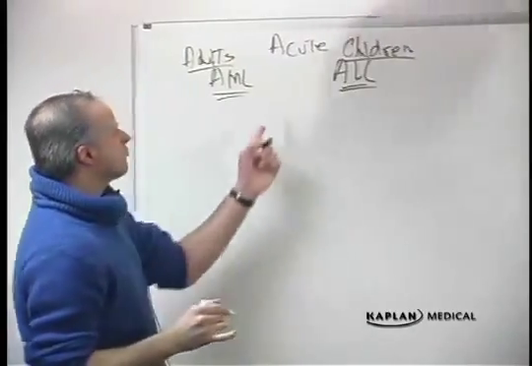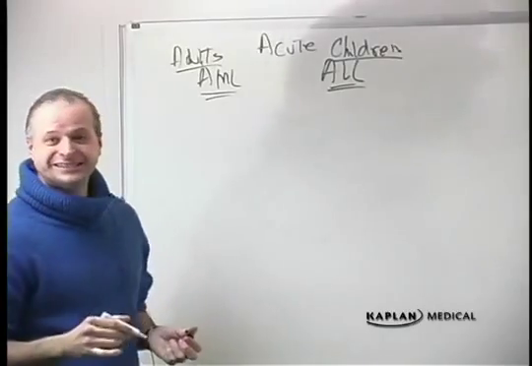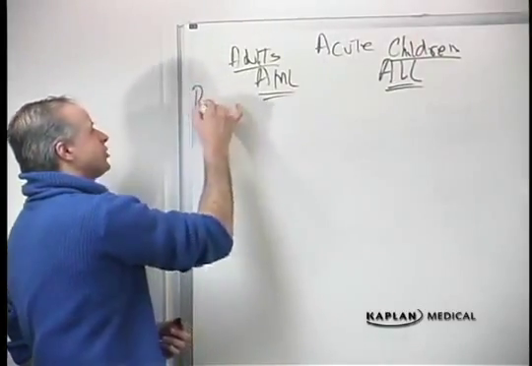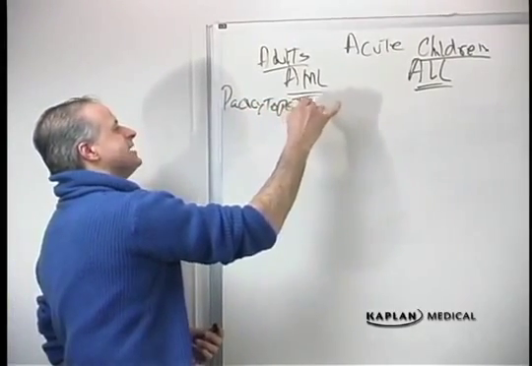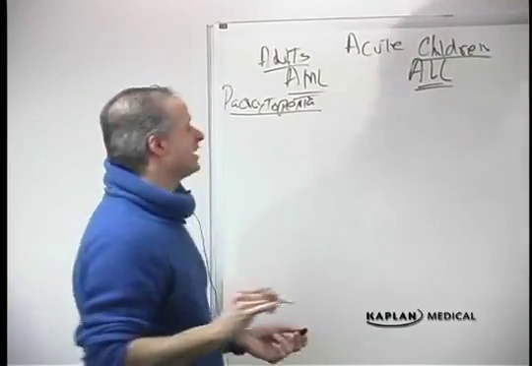Now, all forms of leukemia can present as if there is a pancytopenia. Now, pancytopenia is presenting like a person who has diminishment of all 3 cell lines.